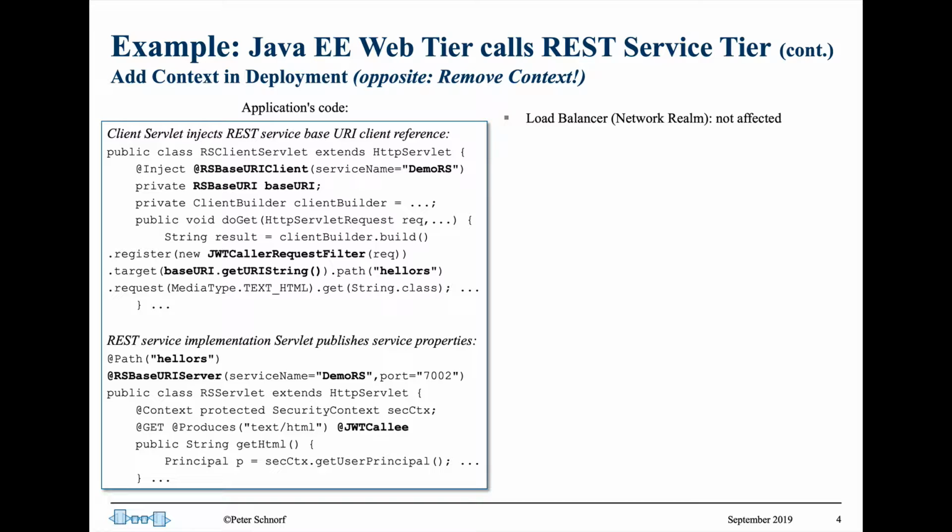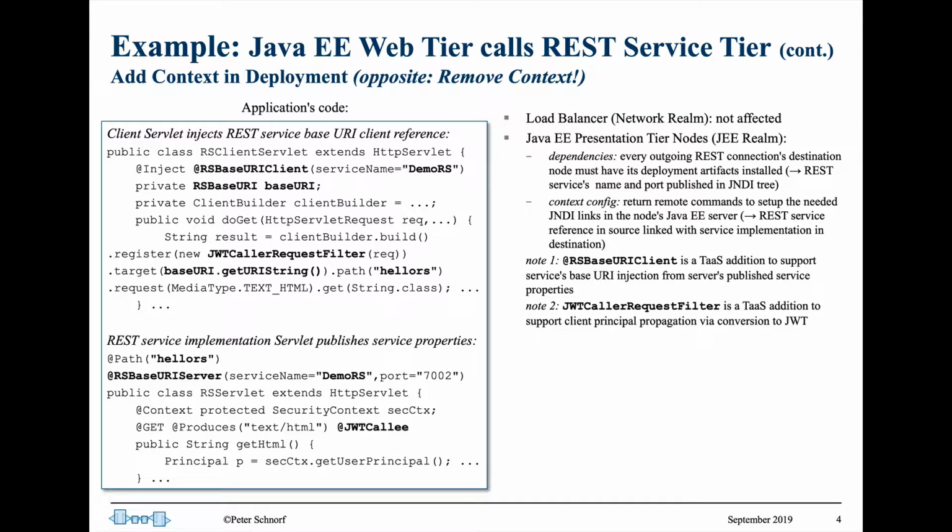So let's look at the various nodes and what they have to do. For context configuration, again, the load balancer is not affected. In this case, the presentation tier nodes, however, have the dependencies that every outgoing REST connection's destination node must have its deployment artifacts installed, which means the REST service name and port are published in its JNDI tree.